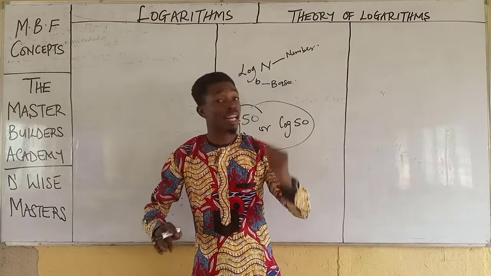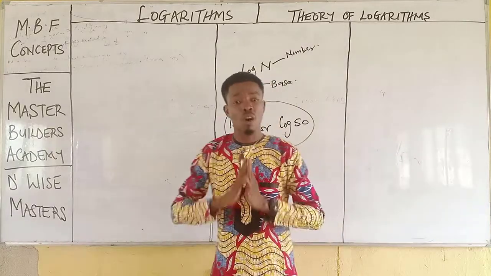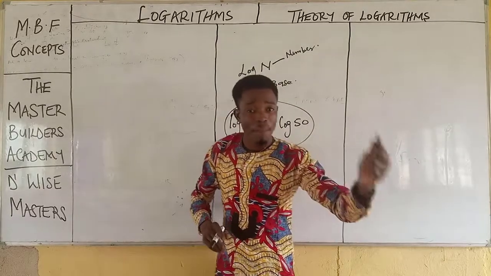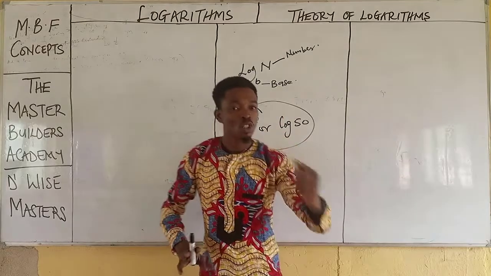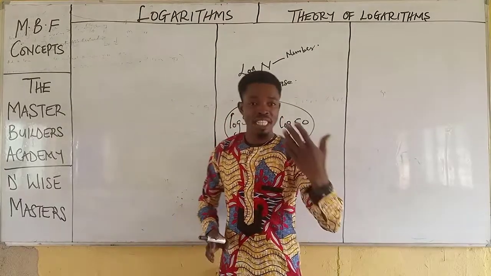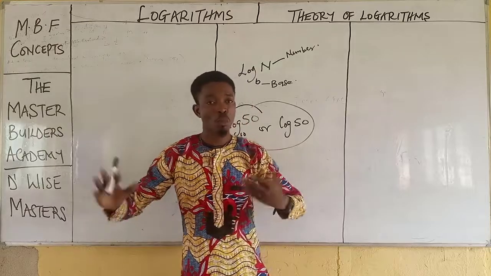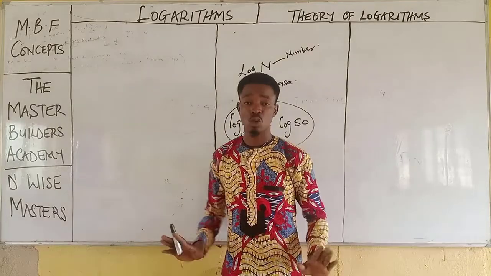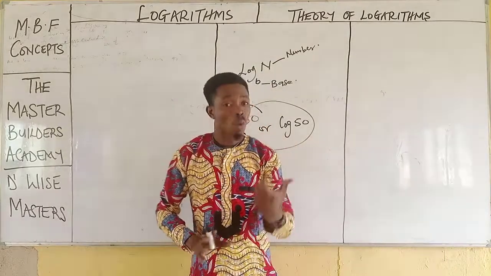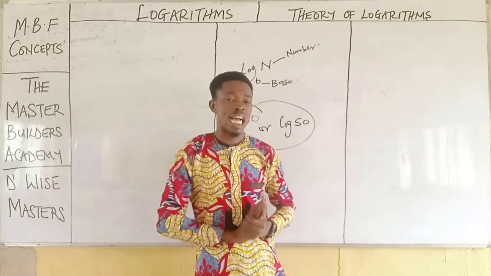So generally, we can have a logarithm of a number to base 5, to base 8, to base 20, to base 50, to base 100, to any base at all. And that is the reason why we are here to look at this aspect.